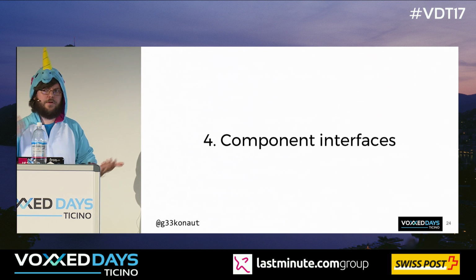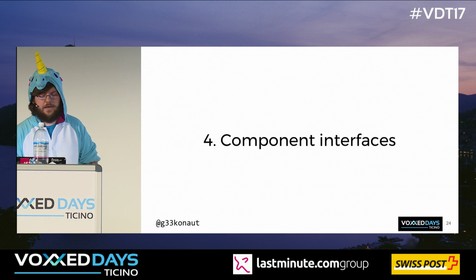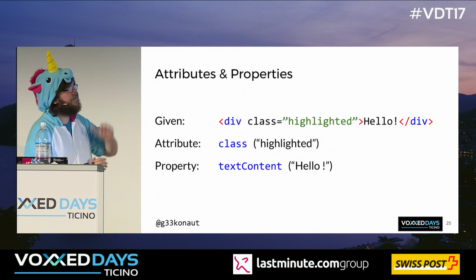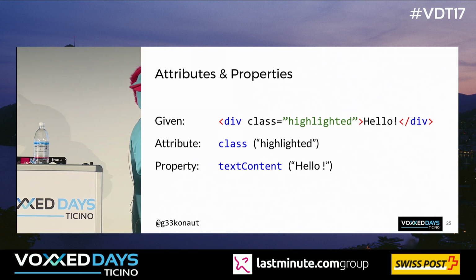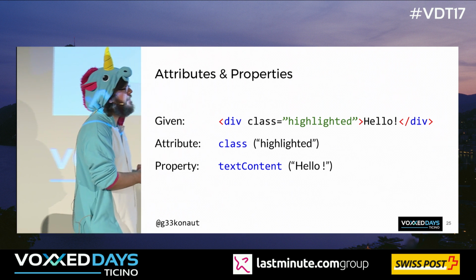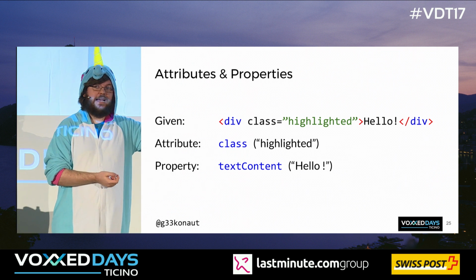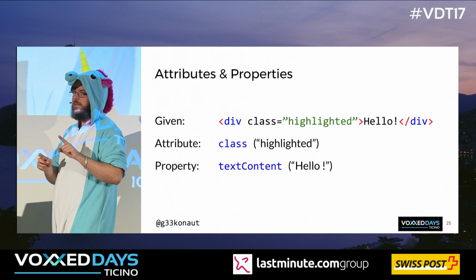How does my component interact with other components, and how do I configure it and all that kind of stuff? Well, first things first, let's have a look at this wonderful div tag. This div has a class attribute, and the value is highlighted, and it has some property that is the text that it contains. Some properties and attributes exist with the same name.